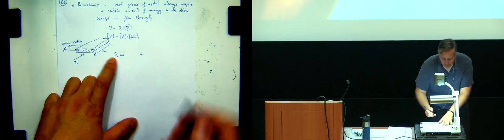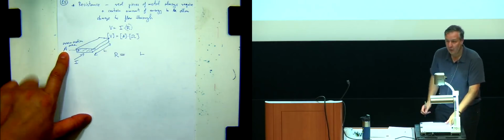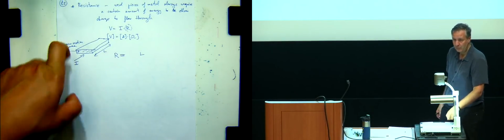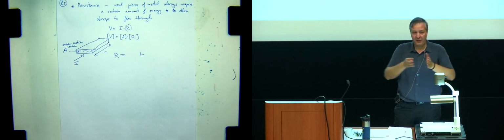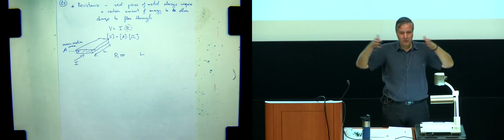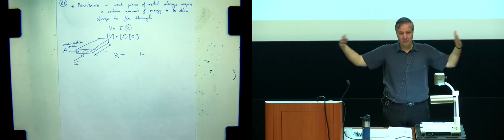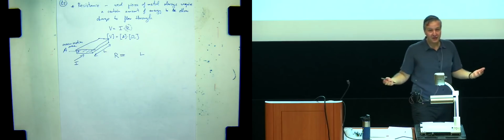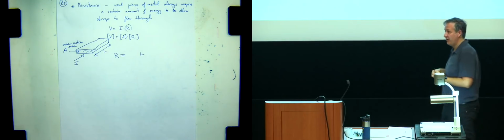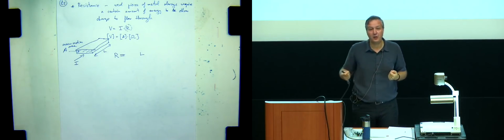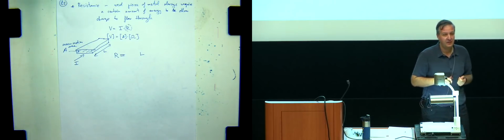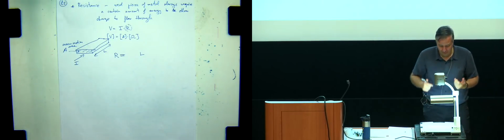So it's L. Now, if I look at the area, if I have more paths to get through some material, is it easier, or do I have a bigger chance of passing by without collision or a smaller chance? Bigger, right?